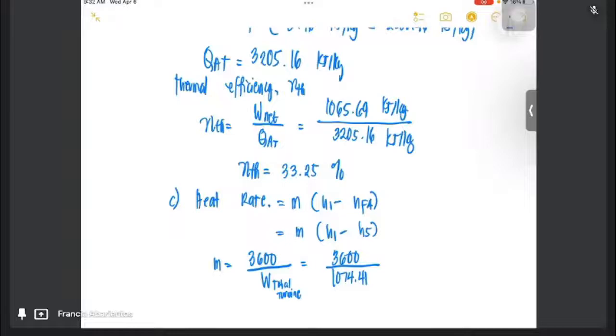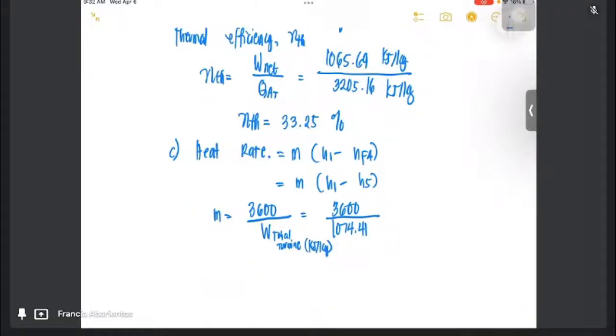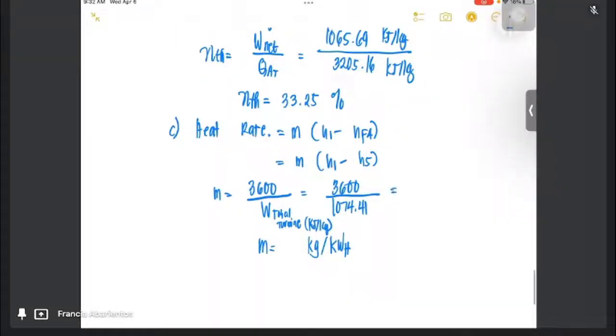So, finding the mass, automatically our unit is kilojoule per kilogram. I showed you the equation, the derivation of the unit. For this heat rate, after this 3,600, the conversion factor, the unit is automatically kilogram per kilowatt hour. To make use of that, we have now 3.35.